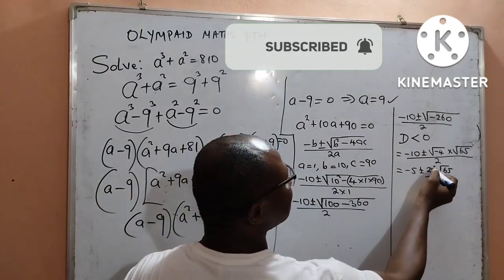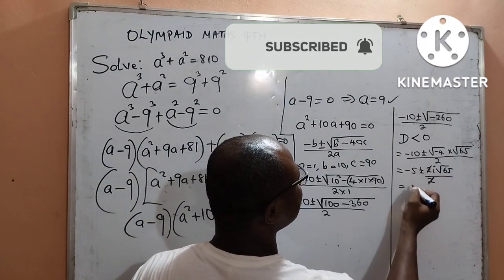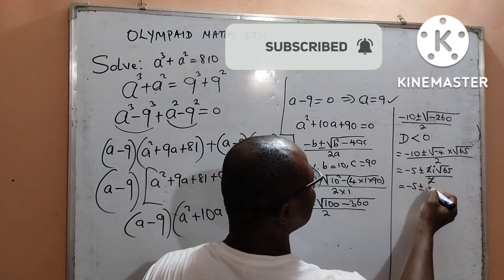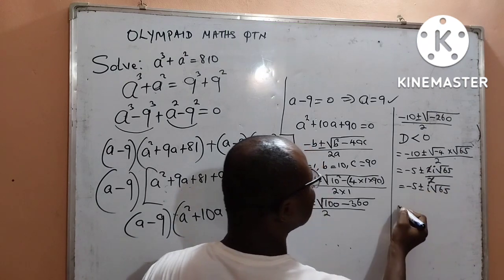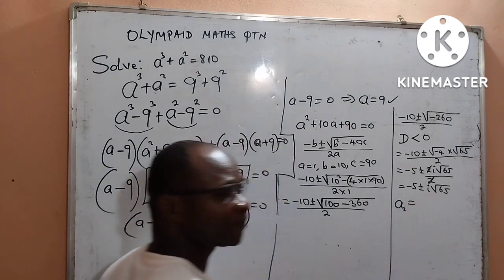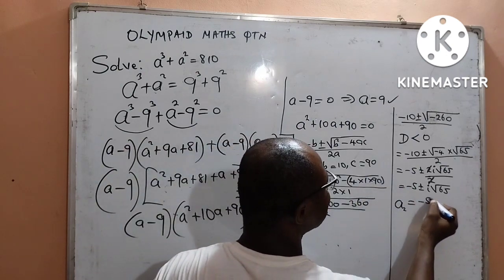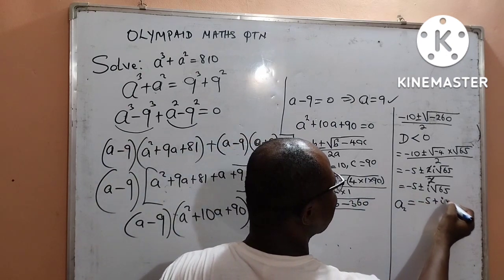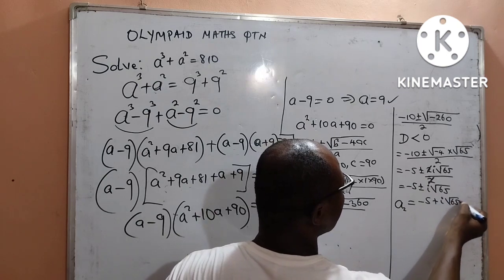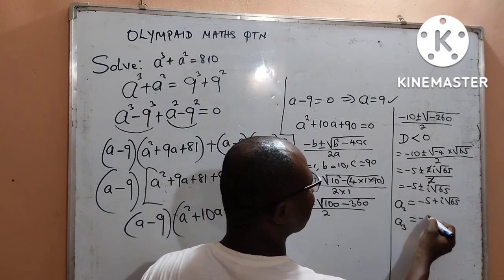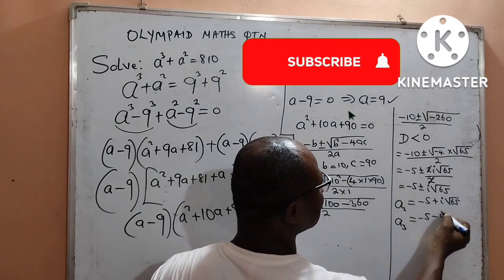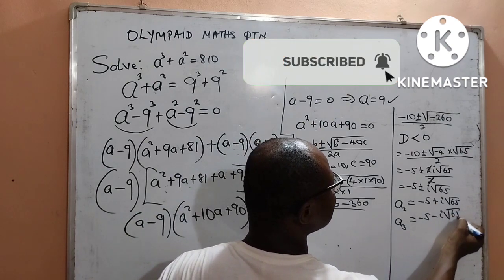So 2 will cancel these 2, leaving me with minus 5 plus or minus i root 65. So the second value of a will be minus 5 plus i root 65, while the third value of a will be equal to minus 5 minus i square root of 65.